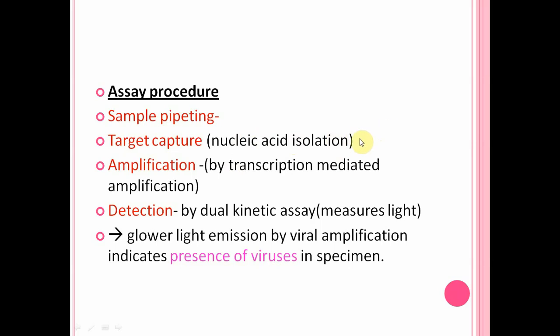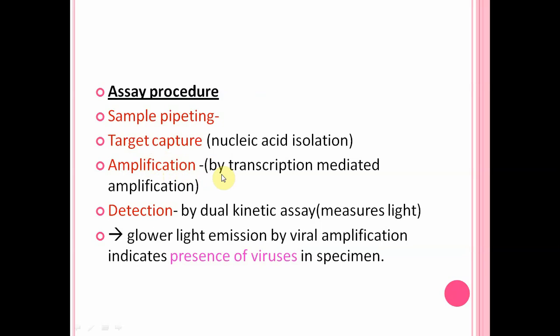This technique is done by repeated washing with an alcohol solution, and the procedure is done manually. After isolation of the nucleic acid, amplification is done. Here the genetic material is amplified or multiplied, or you can say a single piece is made into a bigger piece. Several copies of the genetic material are made by this amplification step.